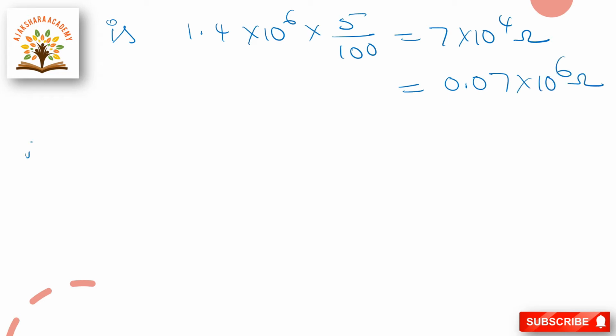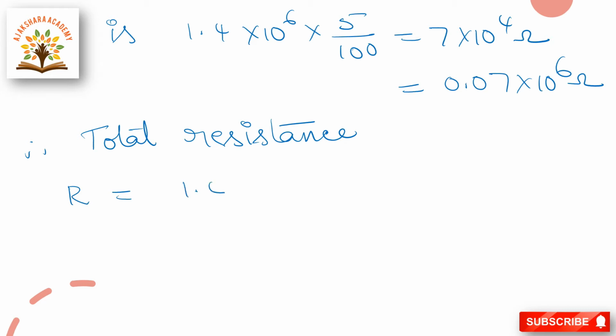So therefore total resistance R is equals to 1.4 into 10 to the power of 6 plus or minus 0.07 into 10 to the power of 6 ohms.